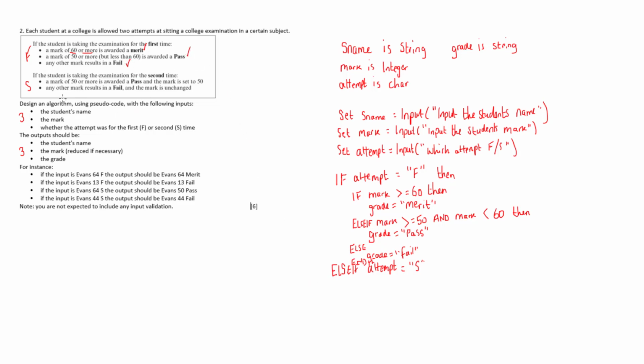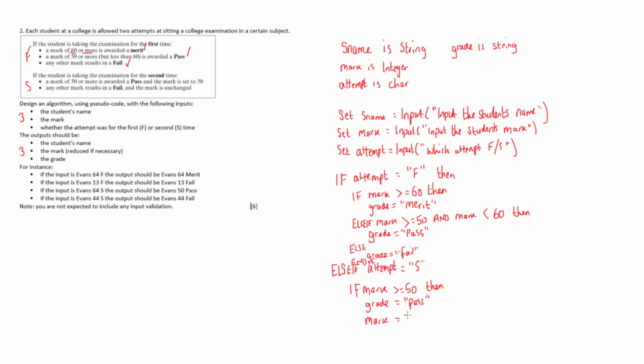for those 3 points. If the student is taking the exam for the second time, a mark of 50 or more is awarded a pass, and the mark gets set to 50. So again, I'll just say, if the mark is greater than or equal to 50, and the grade is a pass, and we also have to set the mark to 50.